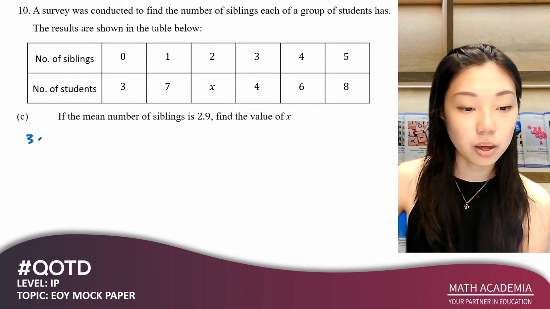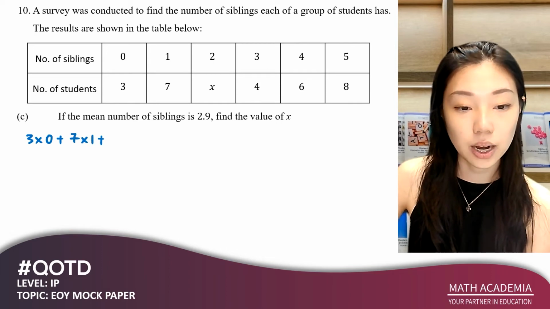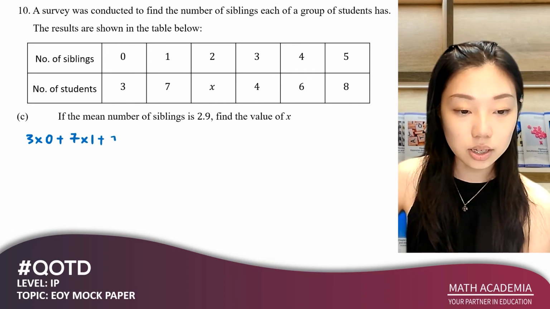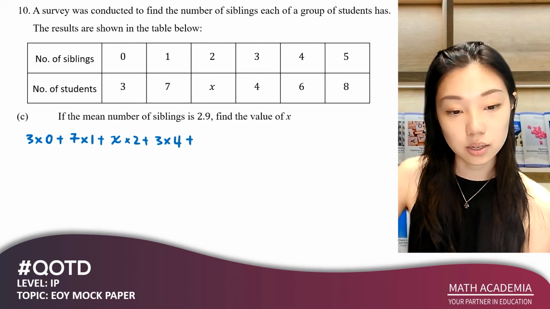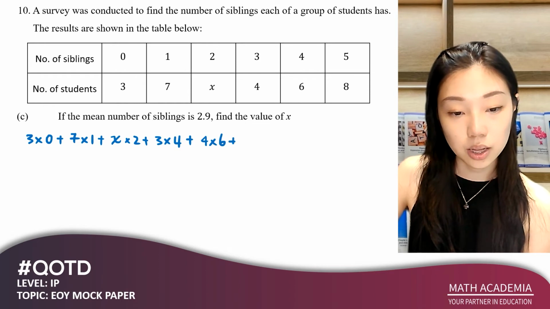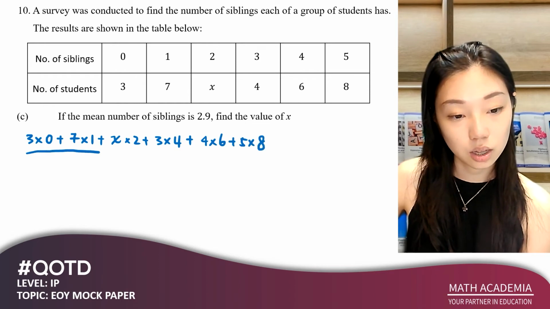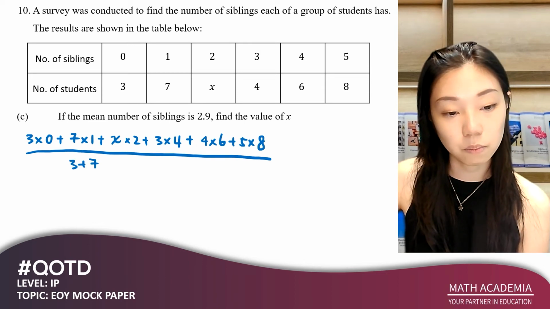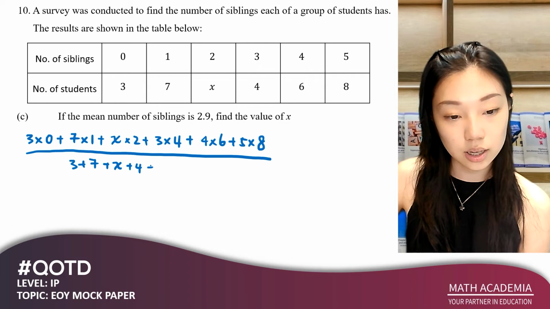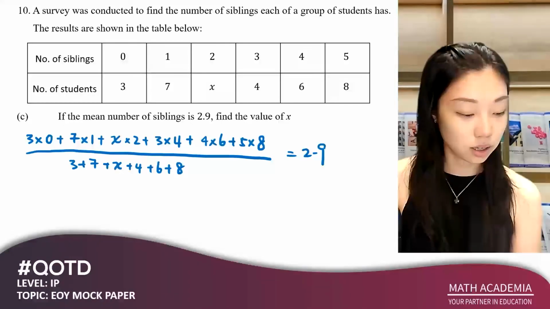So I have 3 multiplied by 0 plus 7 multiplied by 1 plus x multiplied by 2 plus 3 multiplied by 4 plus 4 multiplied by 6 plus 5 multiplied by 8, divided by the total number of students, which is 3 plus 7 plus x plus 4 plus 6 plus 8. This equals 2.9.